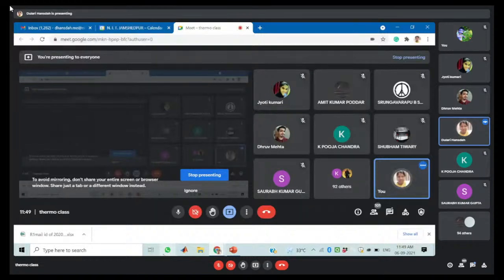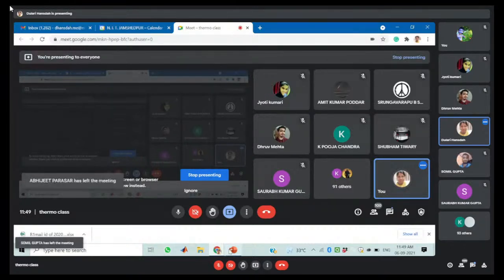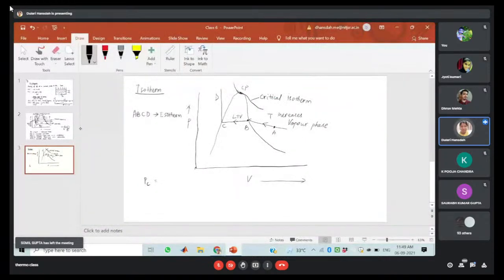Okay. Then tell me what is the critical pressure? 22.06 megapascal. Megapascal, right? So it is equal to 220.6 bar.